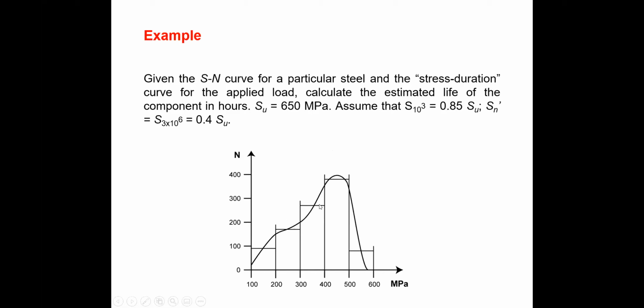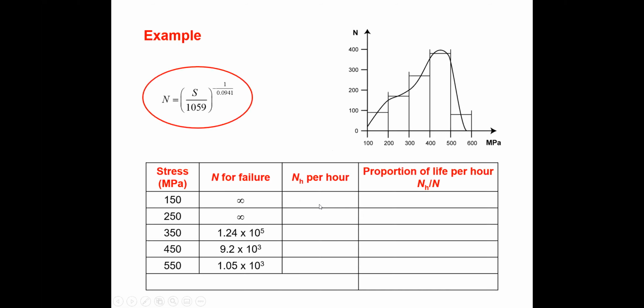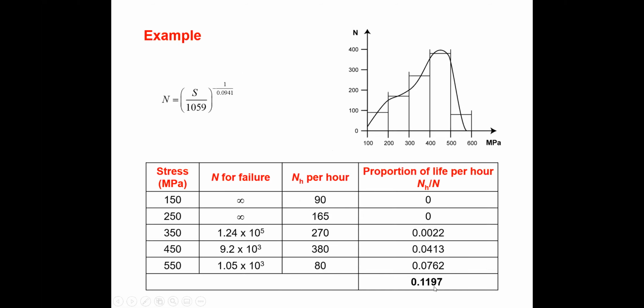So within 1 hour, this is the damage. But this is not a simple N. In the next hour, another 90 cycles will be applied here, no? That's why they mentioned NH per hour. Are we clear?